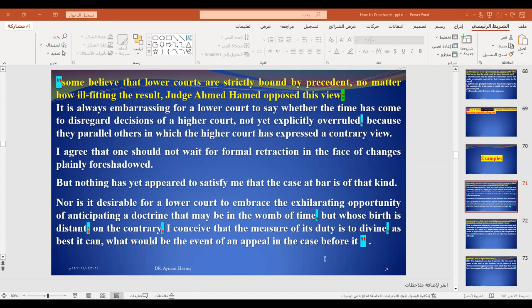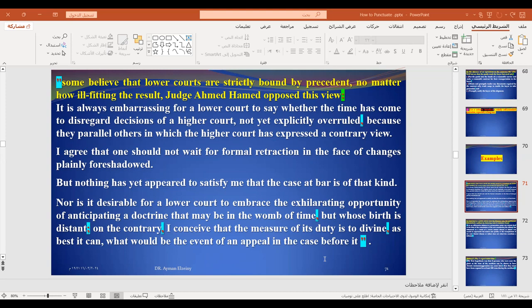Still, Ahmed explained, I agree that one should not wait for formal retraction in the face of the changes, plainly foreshadowed.